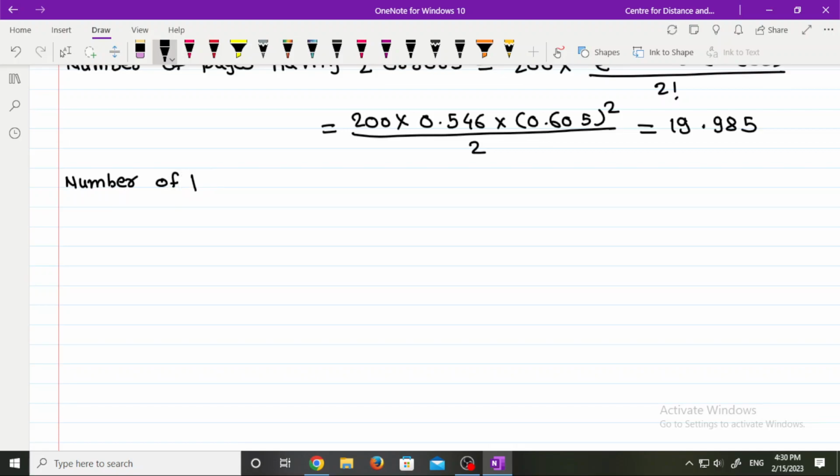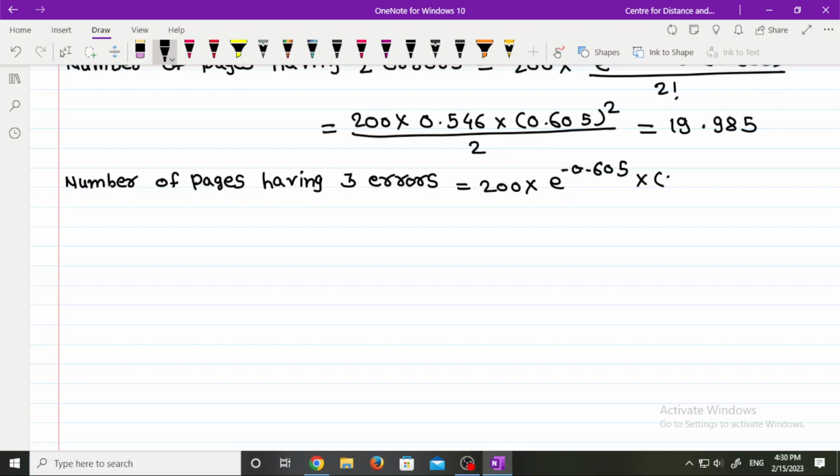Okay. Now, for x is equal to 3, that is number of pages having three errors, which is equal to 200 into e raised to minus m, that is e raised to minus 0.605 into m cube.